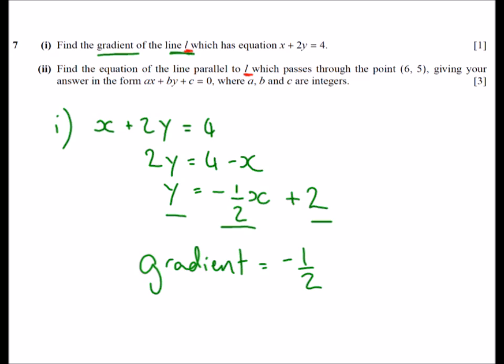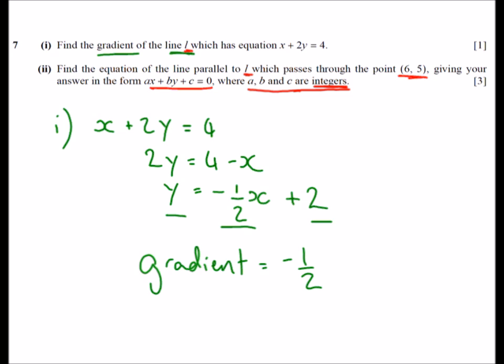So find the equation of the line parallel to L, which passes through the point 6, 5, giving your answer in the form ax plus by plus c equals 0, where a, b and c are all integers. So again, we've got to get used to this terminology. Integers means whole numbers. That's nothing to be scared of. It just means at the end we need our a, our b and our c to all be whole numbers.